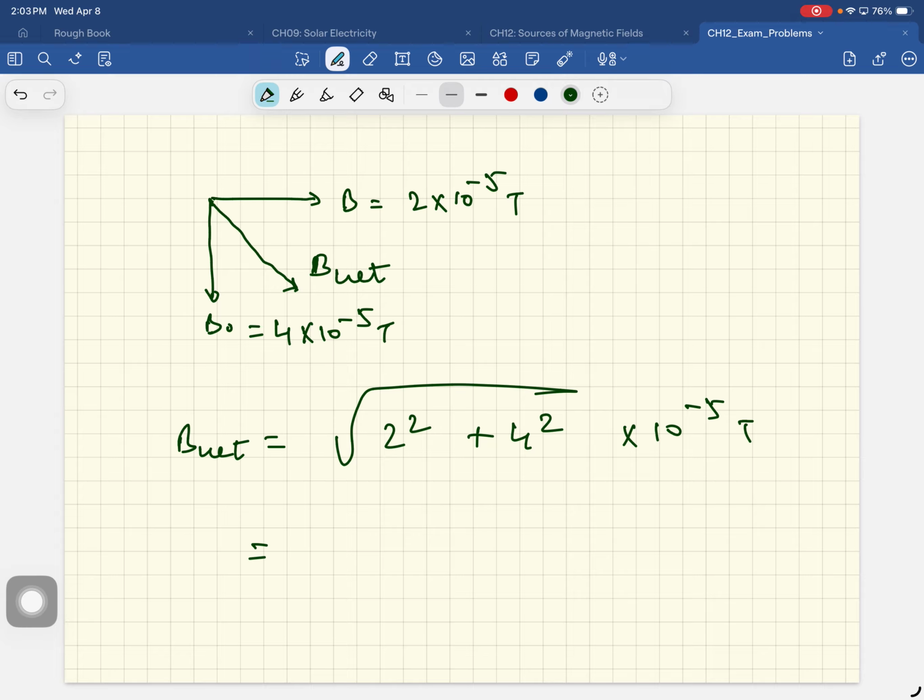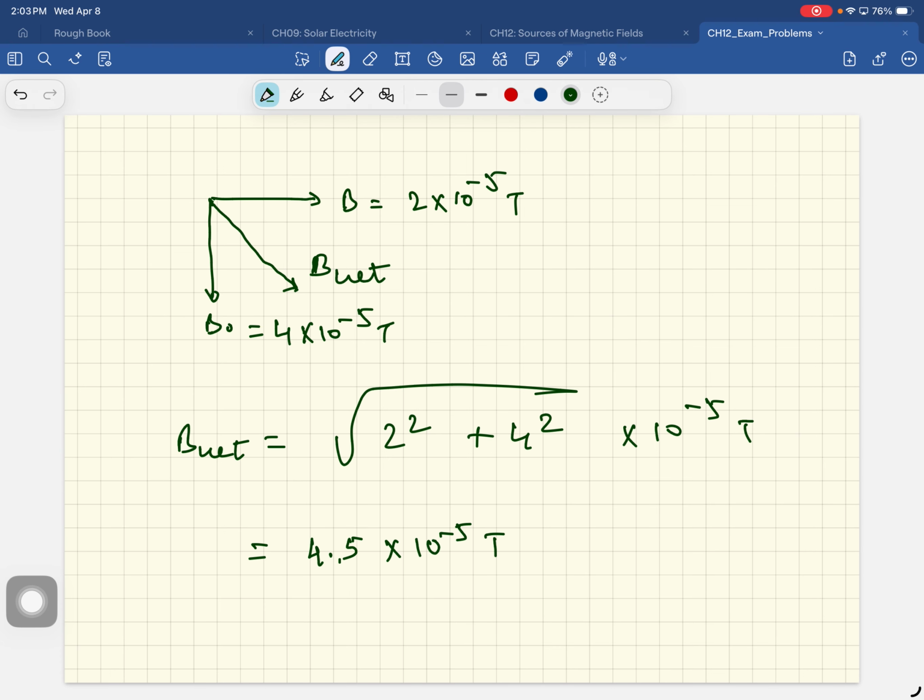So we'll use this expression. Here's the expression.